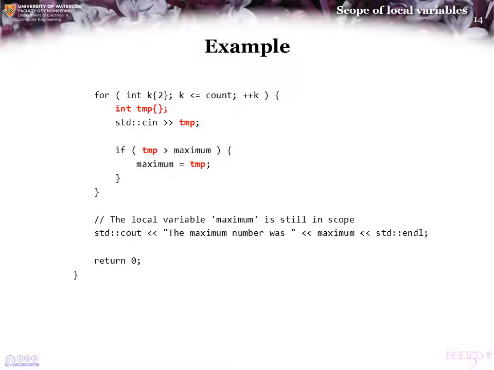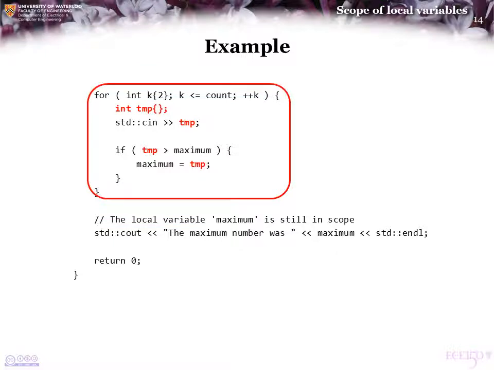Now, carrying on, I have a for loop. The for loop starts at 2 and continues up until k is equal to count. In this for loop, I have a temporary variable, and so the second, third, and subsequent values entered by the user are temporarily stored in this local variable.